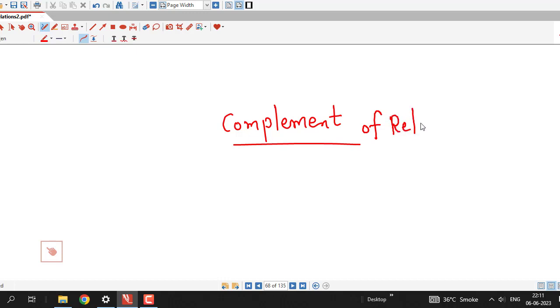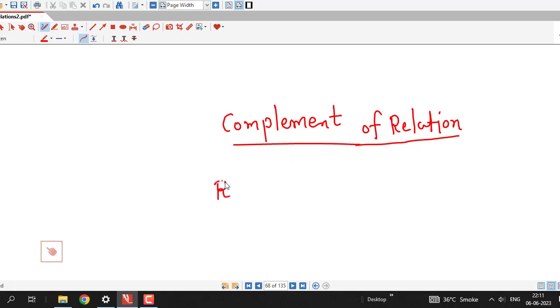Another definition is the complement of a relation. This is similar to the complement of a set which we have discussed in set theory. We know that a relation is also a set. It is a subset of the Cartesian product, and we know how to define the complement of a set.